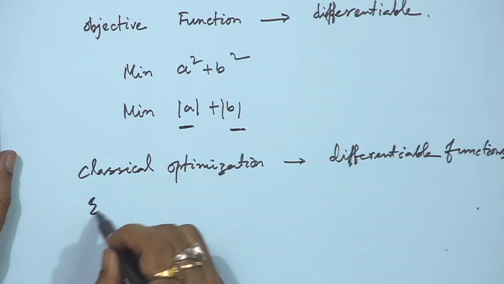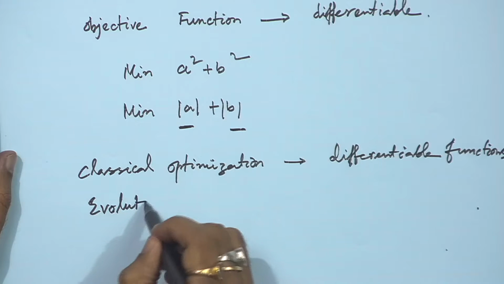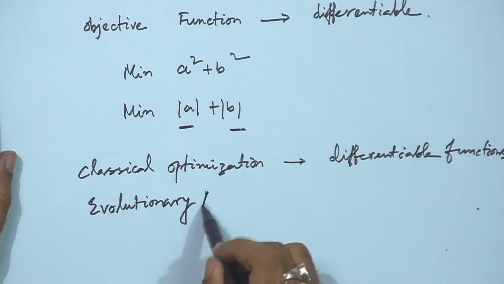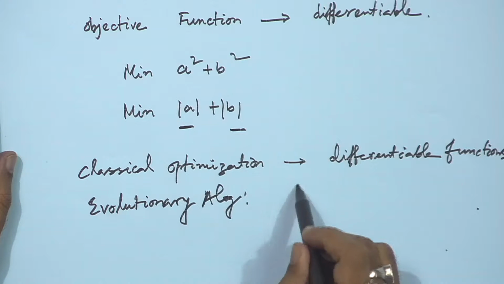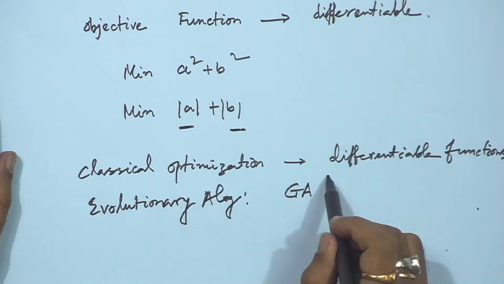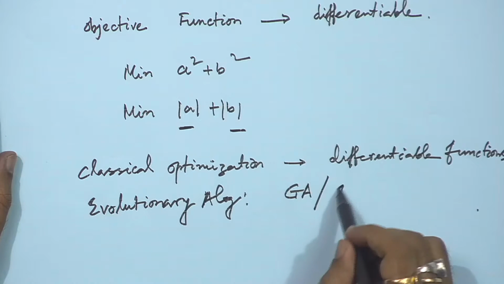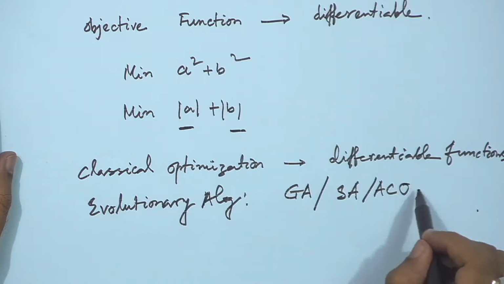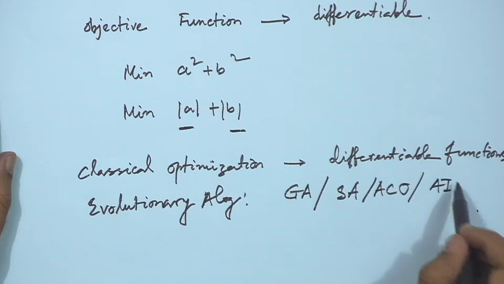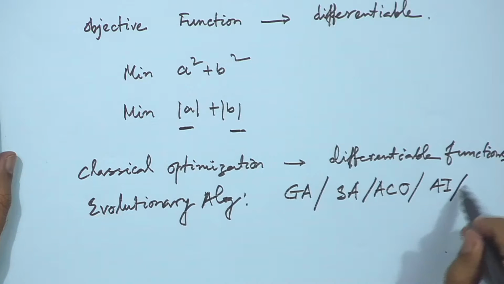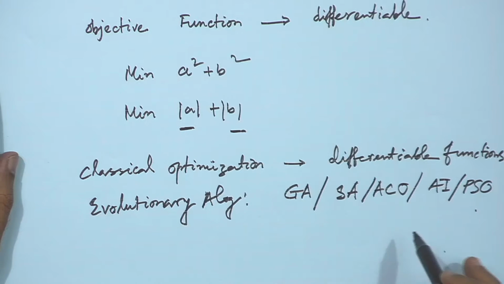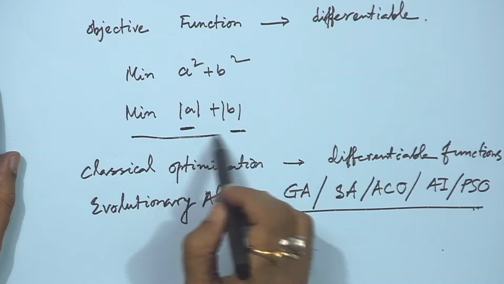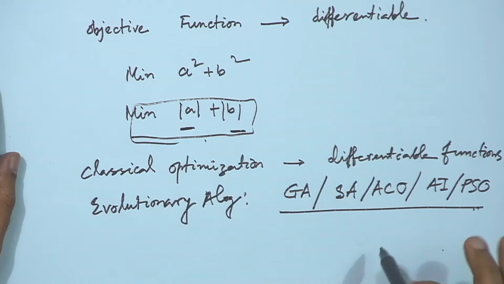But if you have evolutionary algorithms like GA or genetic algorithm, simulated annealing, ant colony optimization, artificial immune systems, or particle swarm optimization, these different techniques you can utilize with these kinds of non-differentiable functions.